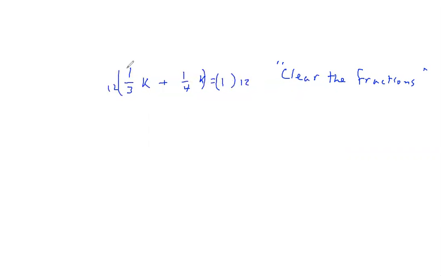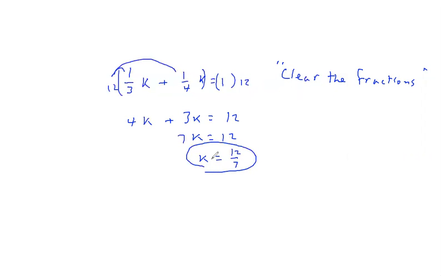And when you do that, you can see 12 goes into here, so I get 12 thirds k, which is 4k. 12 goes in here, I get 12 fourths k, which is 3k. And 1 times 12 is 12, so I have 7k equals 12. K equals 12 sevenths. And we're done.